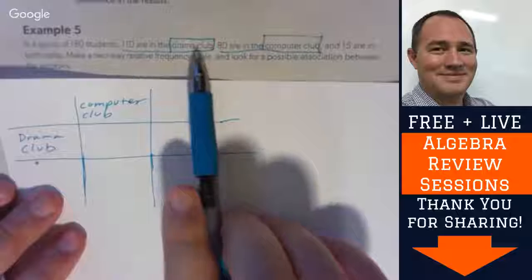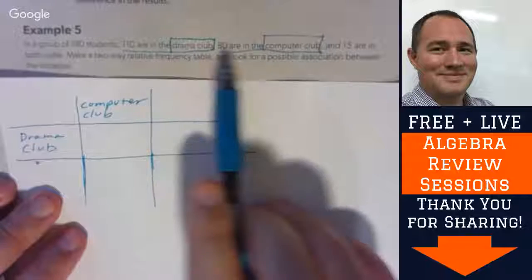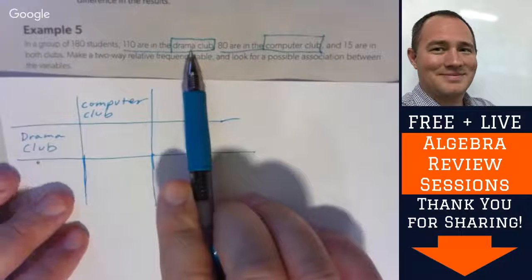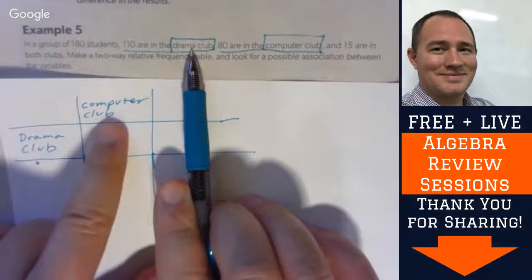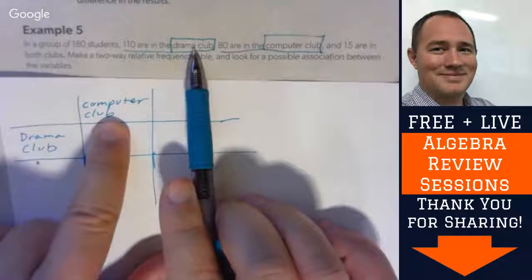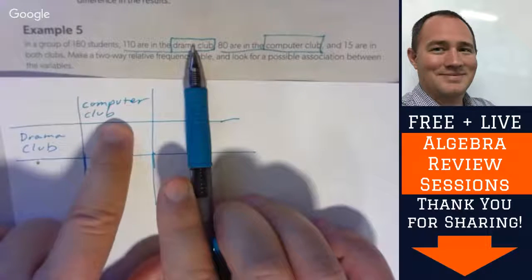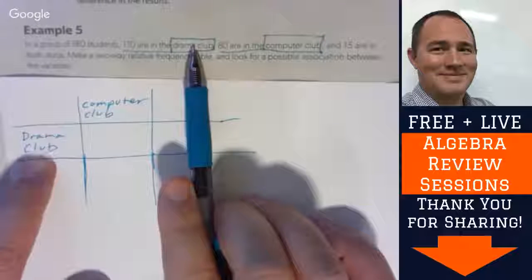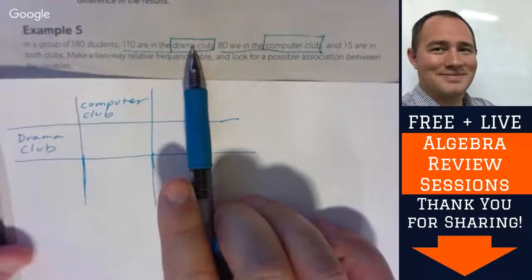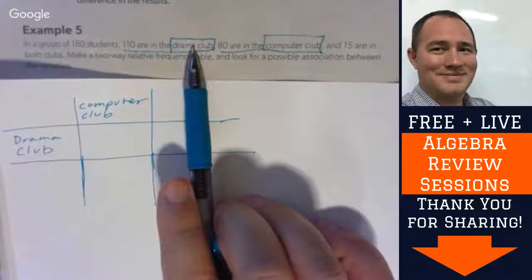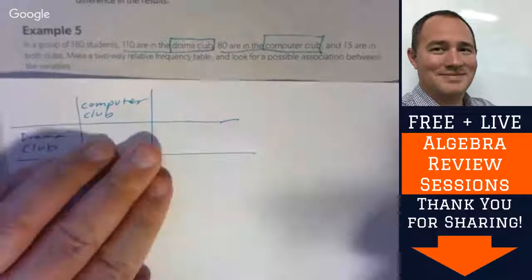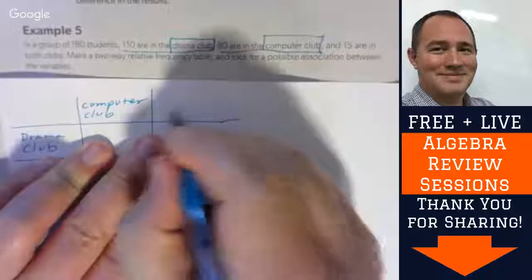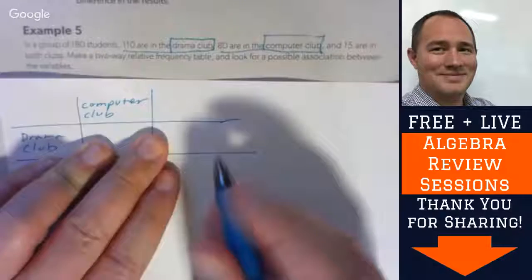But if there's just two categories that we're looking at, here's what you want to think about. You want to put one to start off your headers up top, and the other to set up your headers on the side. And this is what this other heading is going to look like.